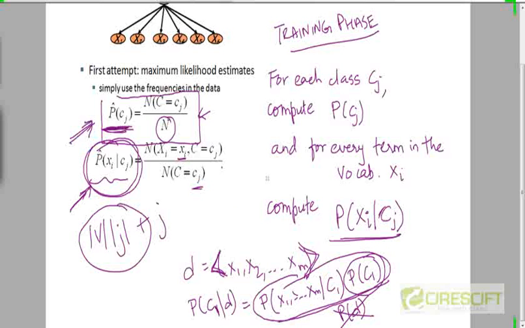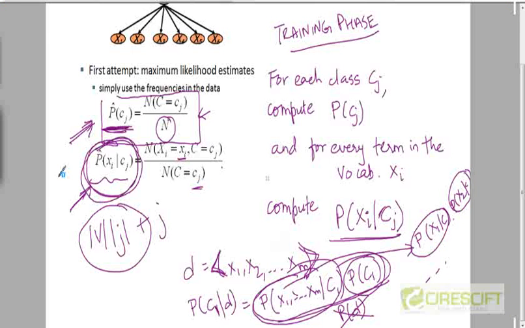Now this value you would know because you would have computed these prior probabilities. And for computing this value, probability of x1 to xm given C1, you will use that naive assumption to say that this is equal to probability of x1 given C times the probability of x2 given C, and so on, where each of these values can be looked up because you would have computed them in the training phase.